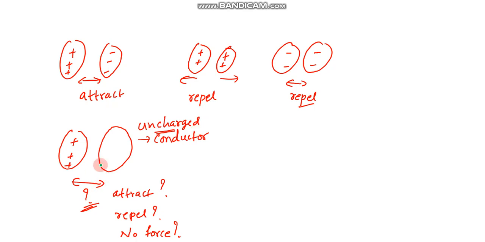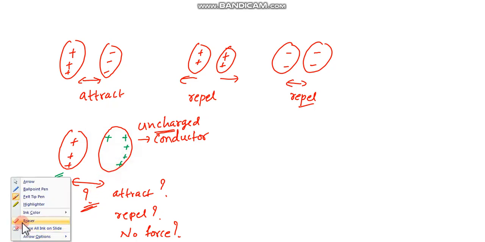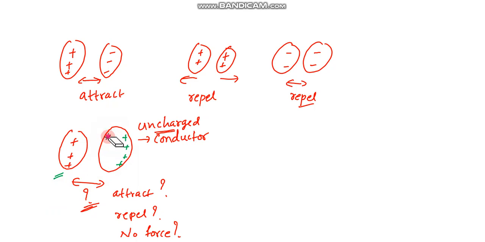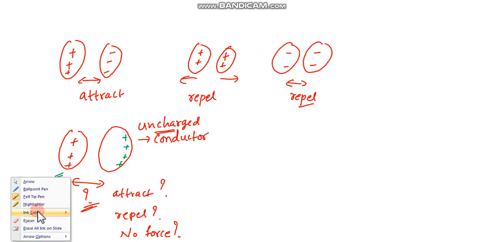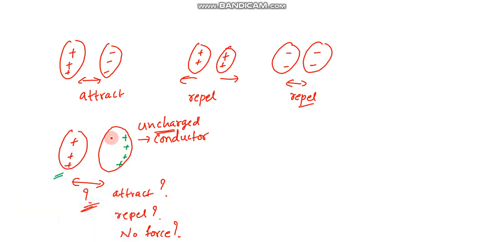So when you bring a charged body near to an uncharged body, what happens? On this uncharged body, the similar charges accumulate on the farther end, and opposite charges accumulate on the nearer end. Correct?